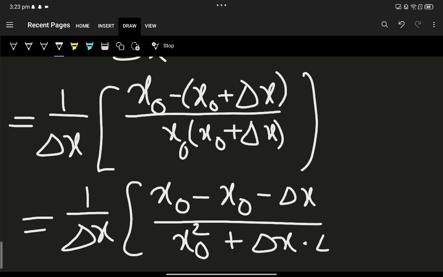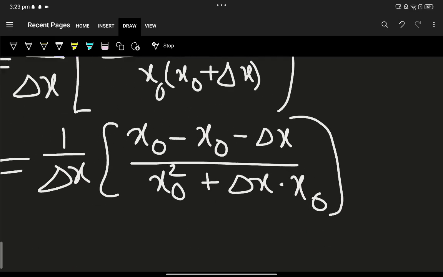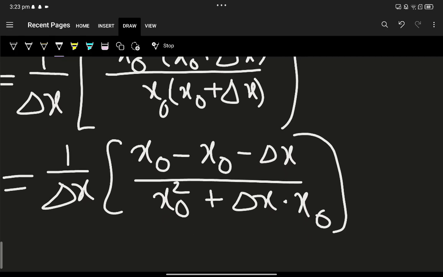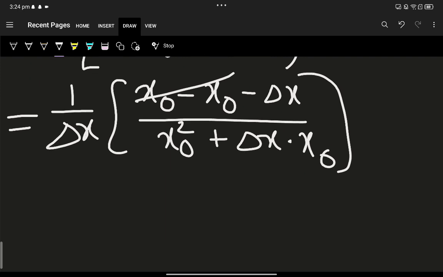Into x naught, something like this. Okay, I've simplified it, and then what all will be cancelled out? This will be cancelled out. Okay, this term will be cancelled out, and then x naught, and then here one thing will be common, that is x naught.